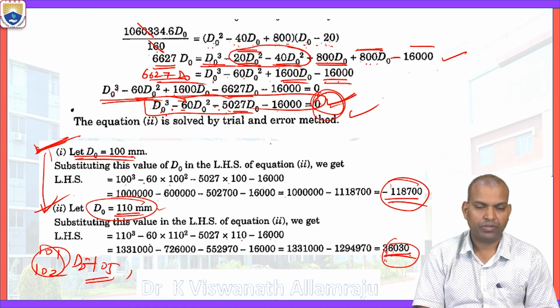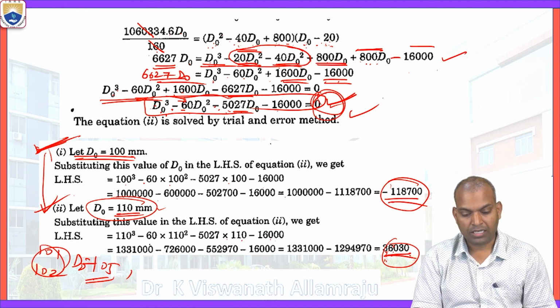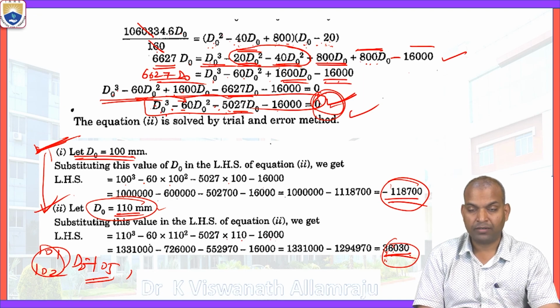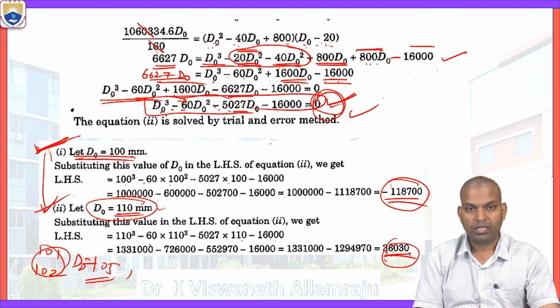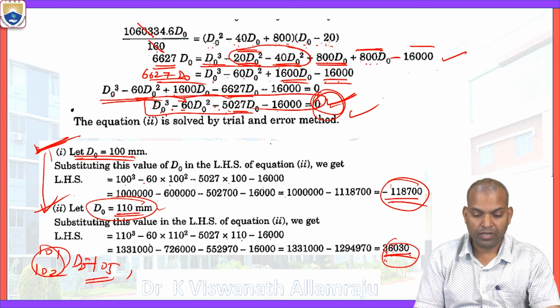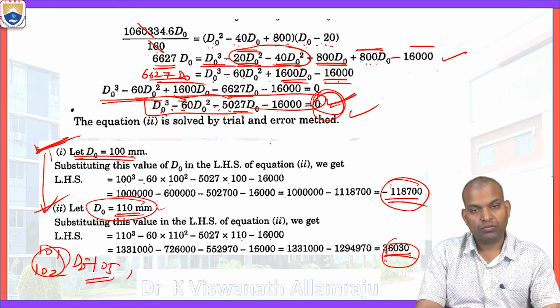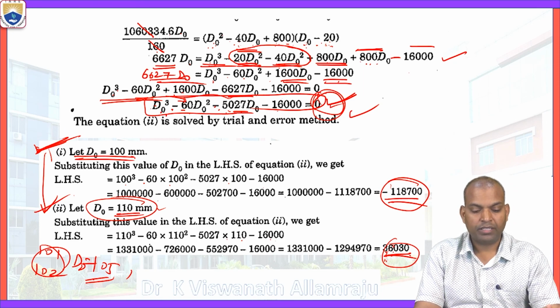Like that, we substitute the trial values and finally conclude the value of the outer diameter of the shaft.